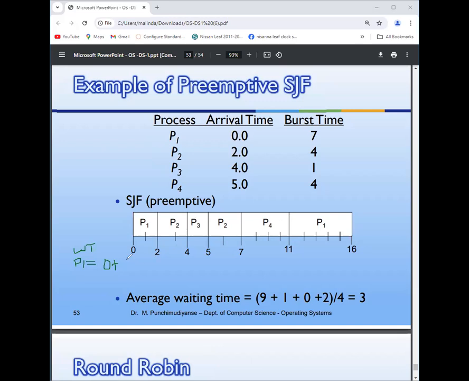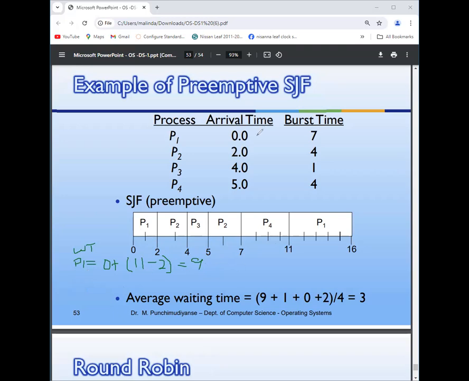So it has to wait from the second millisecond to the 11th millisecond, that is 11 minus 2. Even though initially 0, later it has to wait from 2 to 11. So that is 9 milliseconds of waiting time for P1.